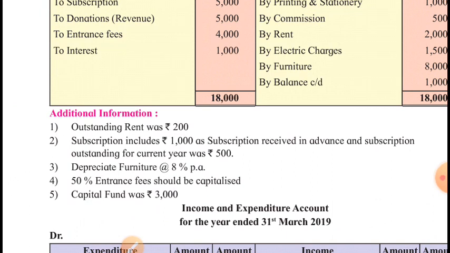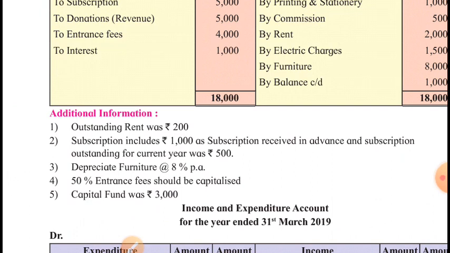Second adjustment is on subscription. What is it? Subscription includes rupees 1000 as subscription received in advance. Subscription received in advance means this year we have received rupees 1000, but not for this year, but for the next year.